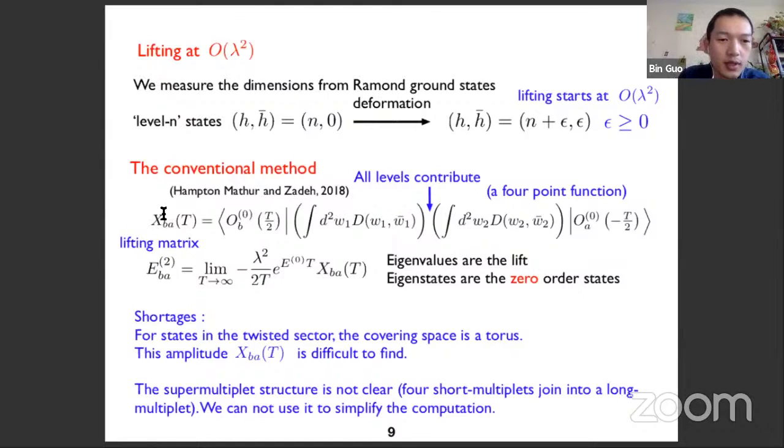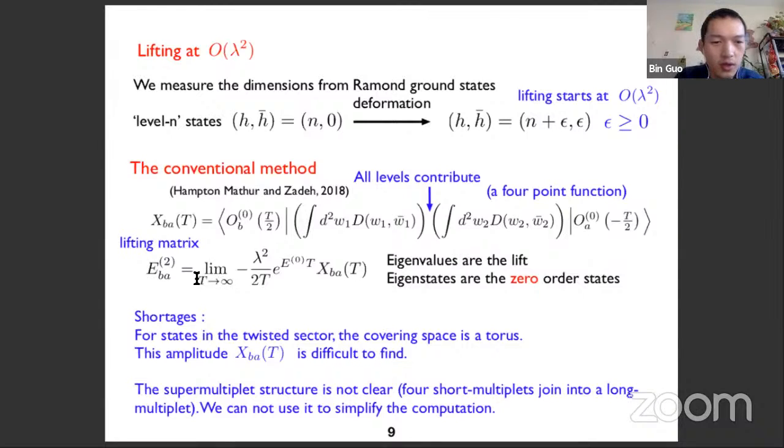If you can compute this amplitude as a function of t, then you can look at the large t limit. And from this large t limit, you can find the so-called lifting matrix. The eigenvalues of this matrix are the lifts, and the eigenstates are the zero order states.